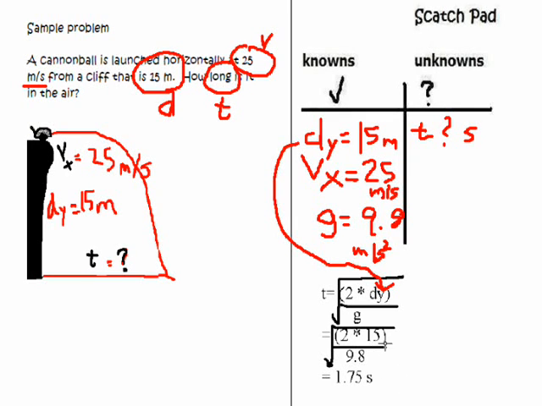So we have 2 times 15. Notice how I have this in parentheses, because your calculator doesn't know what to do unless you tell it exactly what it needs to do. If you just do it without the parentheses, you could end up with an operation error. In the final calculation, make sure you take the square root. We end up with 1.75 seconds.